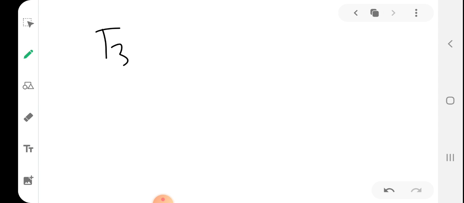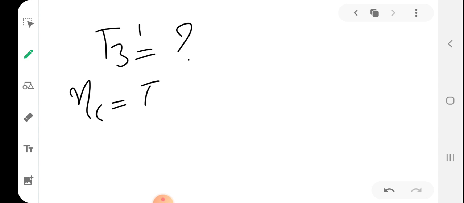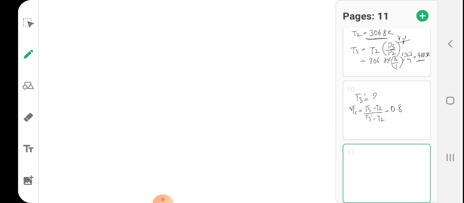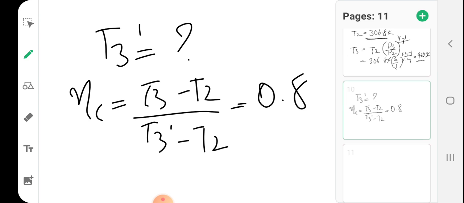Now how to find T3 dash? T3 dash should be found. But you know this equation: (T3 minus T2) by (T3 dash minus T2) equals 0.8, right? So use this equation.